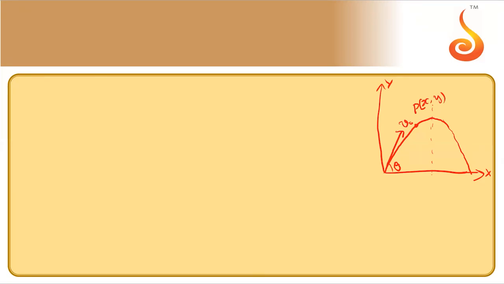This is the position. At this position, its velocity is some v. So v can be written as vx plus vy, x component plus y component. The x component is v0 cos theta into i cap.